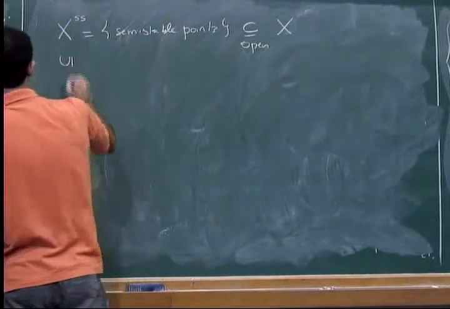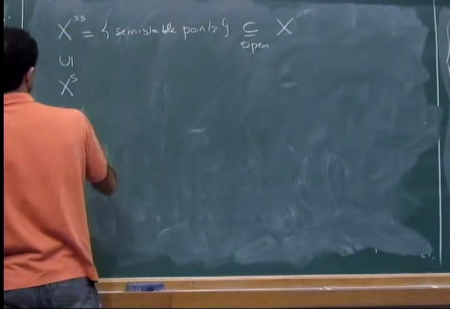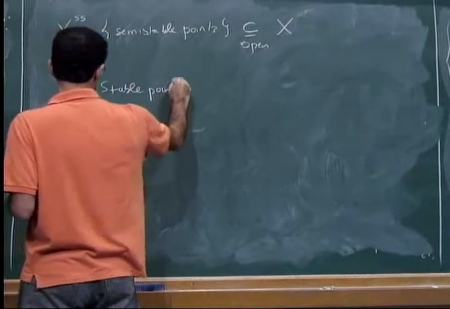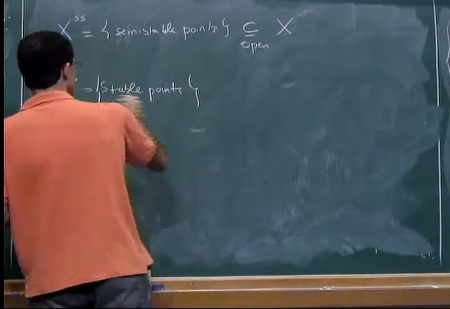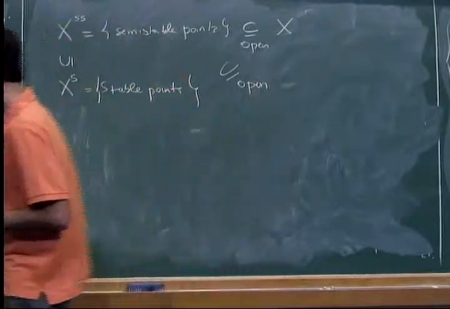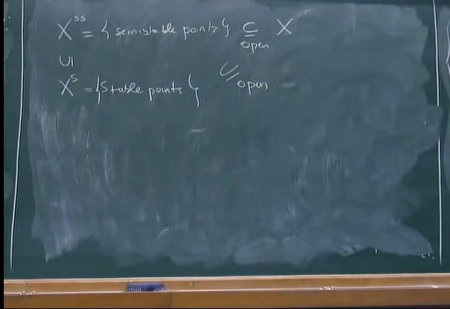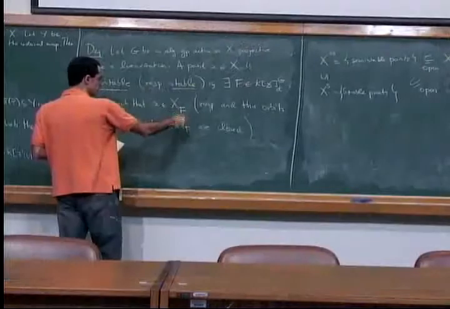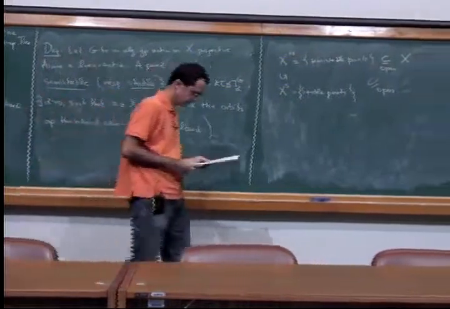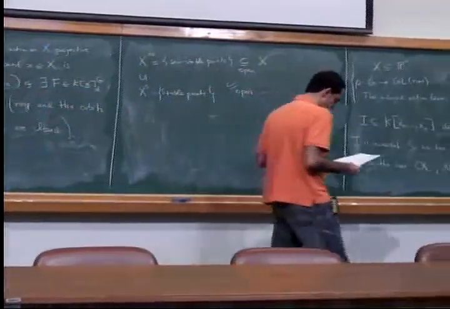And we have XS, the set of stable points. And that's also open. Right? Because I require that all the orbits on X_f are closed. Okay? So all the points of X_f have this property here. They are stable, if that holds.